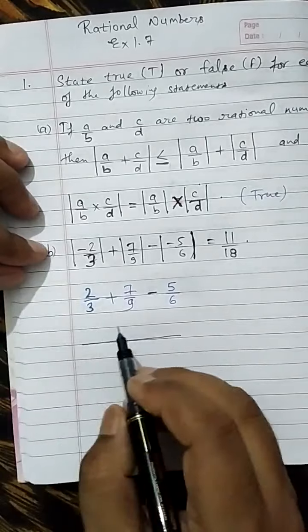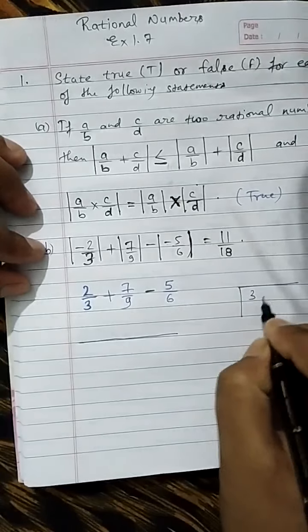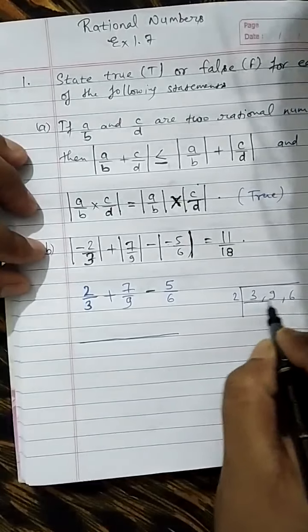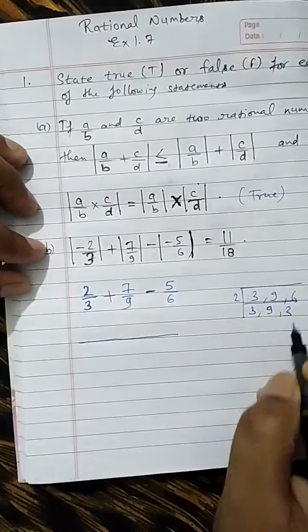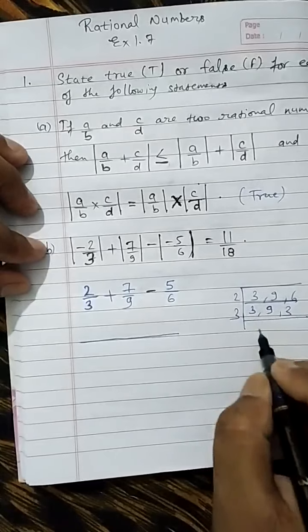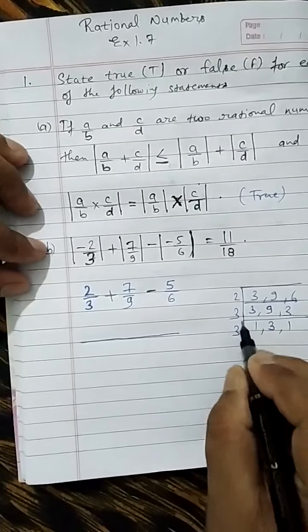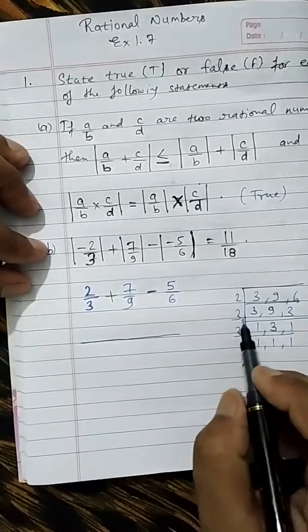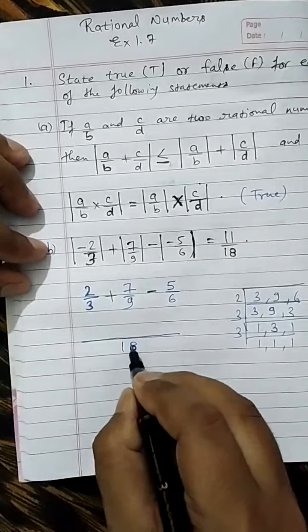We have to take the LCM of 3, 9 and 6. So we will start with 2: 2 3s are 6, 3 3s are 9, 3 1s are 3, 2 3s are 6 and 6 3s are 18. So the LCM is 18.